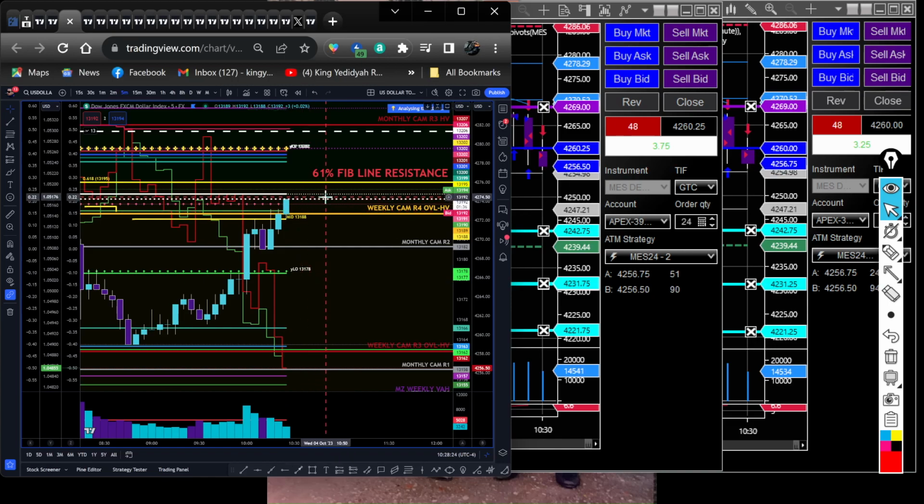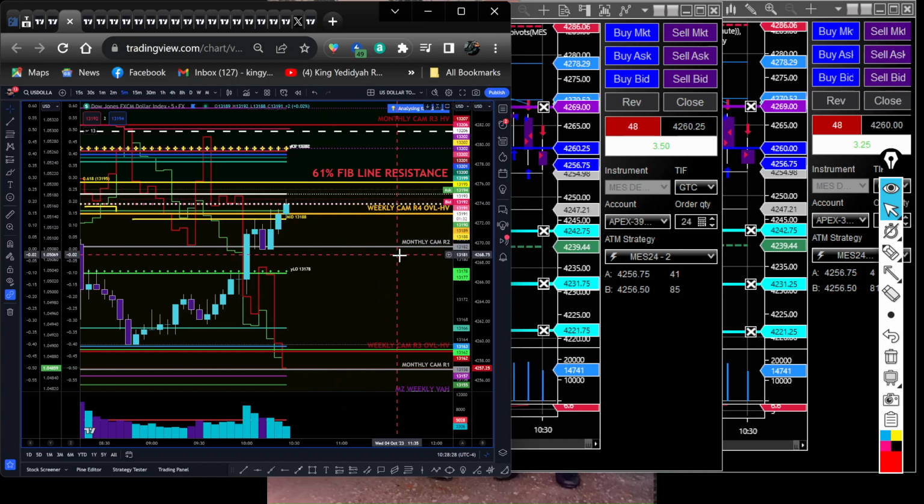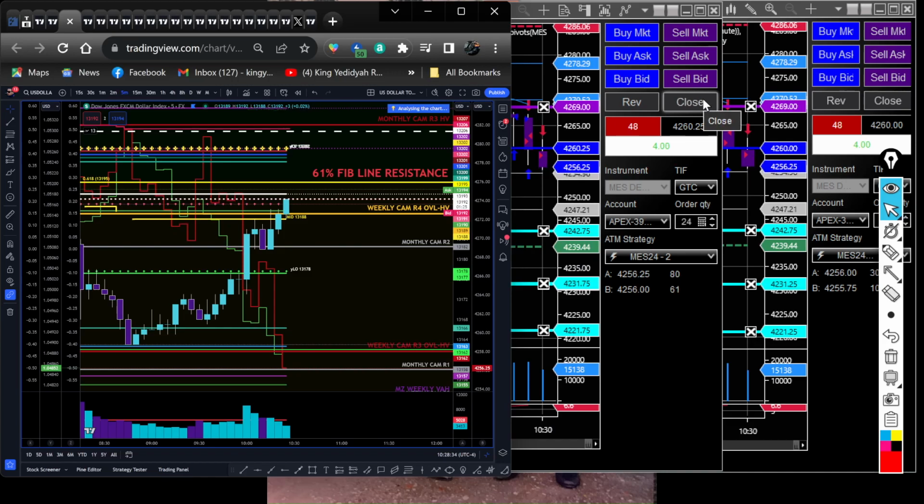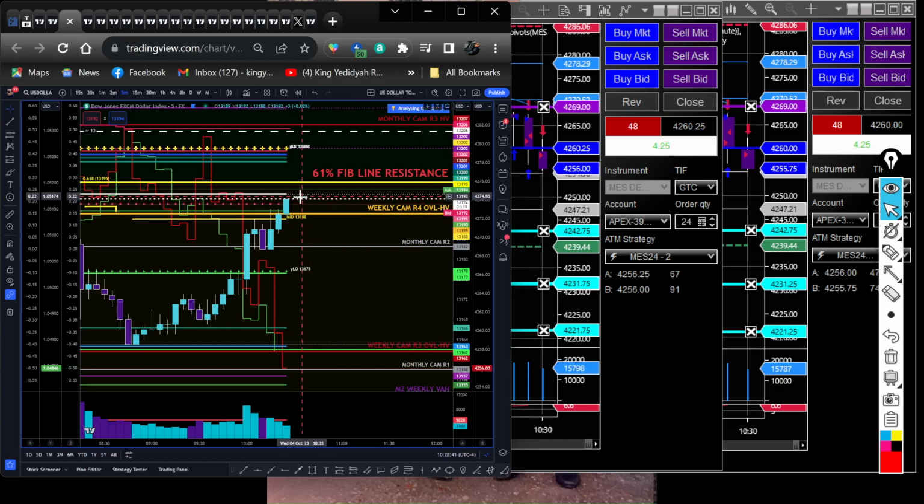Right, I'm keeping an eye on the US dollar. We're pushing up to VWAP right now, so gotta keep an eye on that. I might just quickly scalp this if it starts to reject off of VWAP. The US dollar right here at this white line.